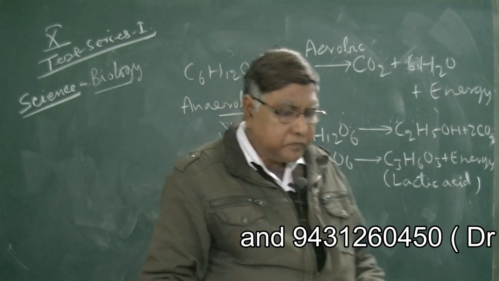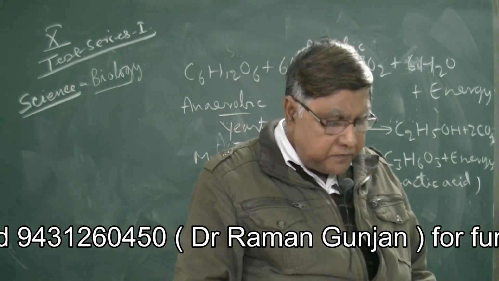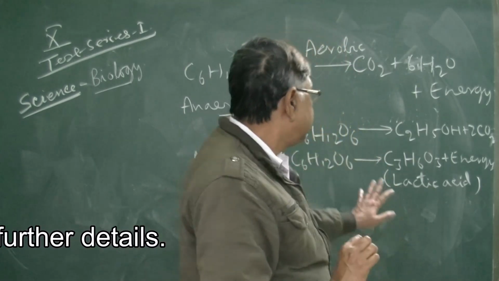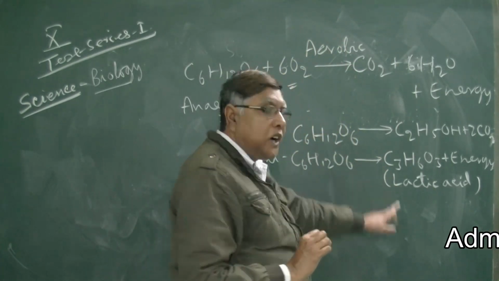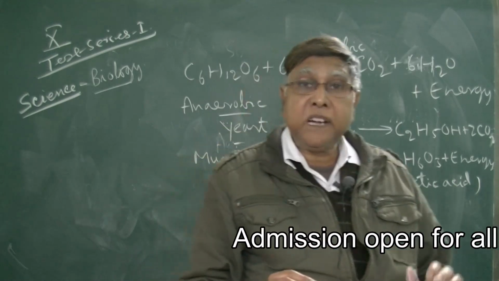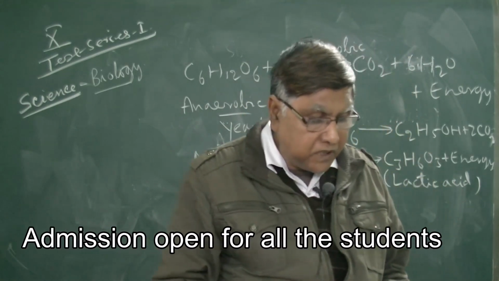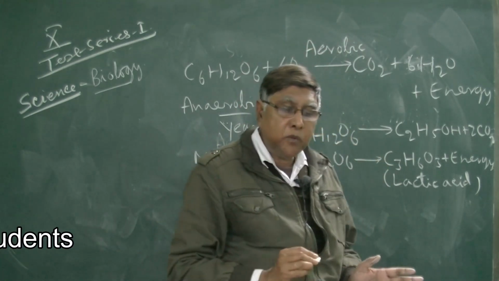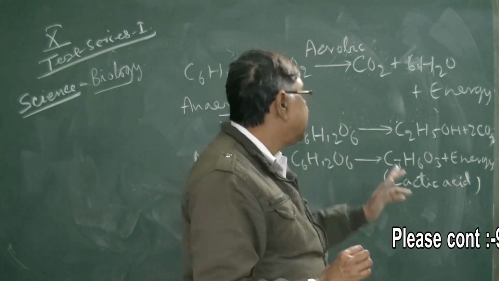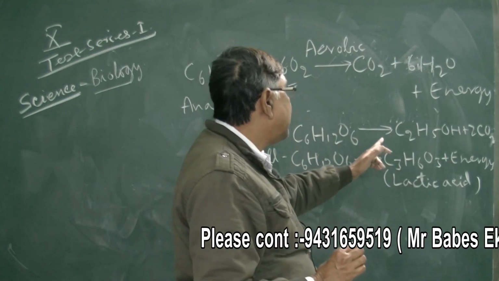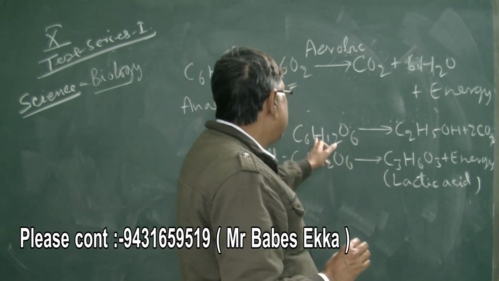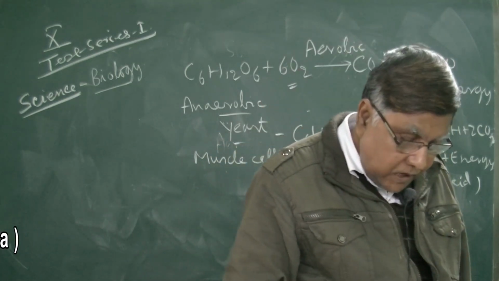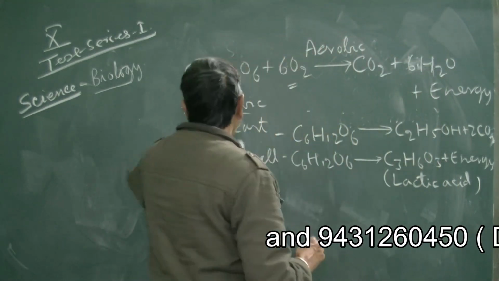So in question 29, in muscle cells, lactic acid will form, which accumulates in our muscle cells, causing muscle fatigue, what we call tiredness of muscles also. And in mitochondria, there will be complete oxidation, releasing a large amount of energy. And in yeast, ethyl alcohol will form, and carbon dioxide will also be released. And this process is also known as fermentation. So it is all about question number 29.